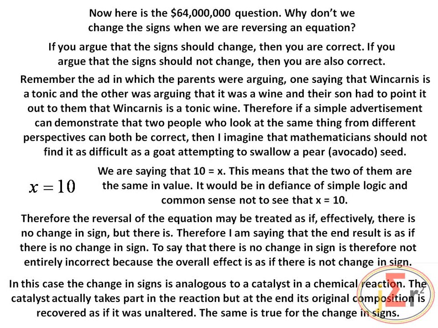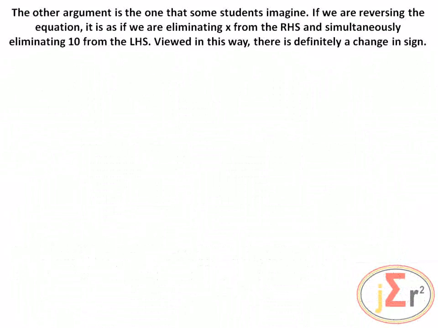However, if we are reversing an equation by principle, we will see what happens. The other argument is the one that some students imagine. If we are reversing the equation, it is as if we are eliminating x from the right hand side and simultaneously eliminating 10 from the left hand side.